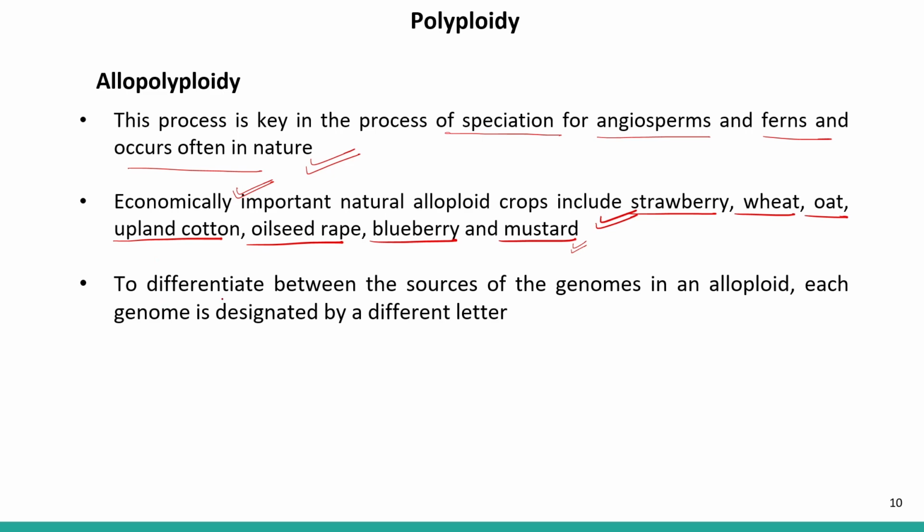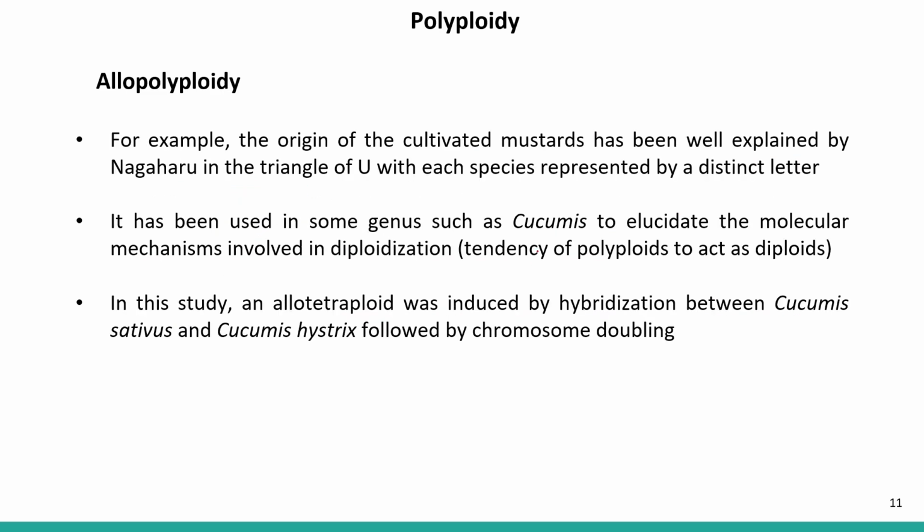To differentiate between the sources of genomes in alloploids, each genome is designated by a different letter. For example, the origin of the cultivated mustards has been well explained by Nagaharu U in the triangle of U, with each species represented by a distinct letter.